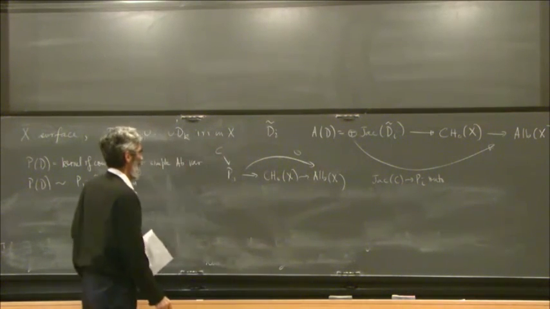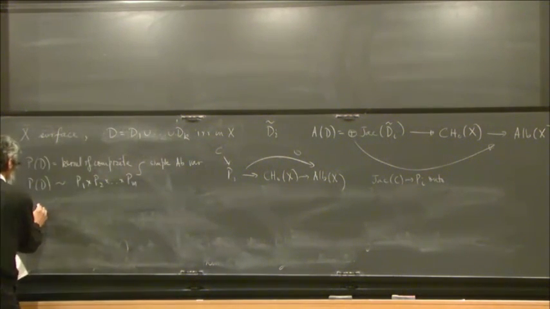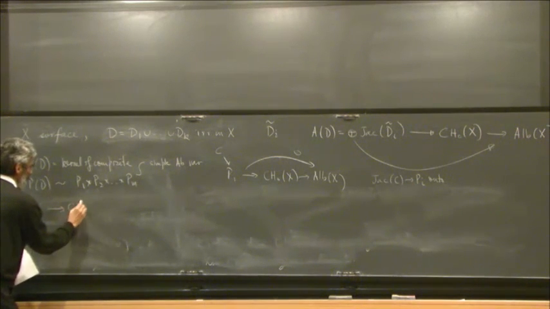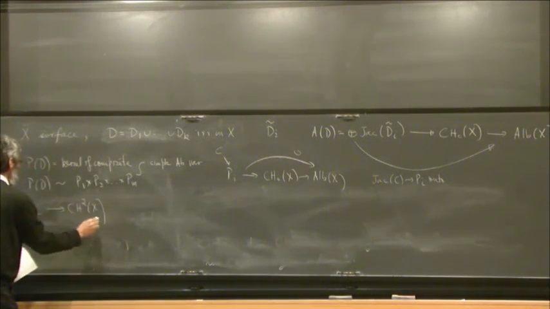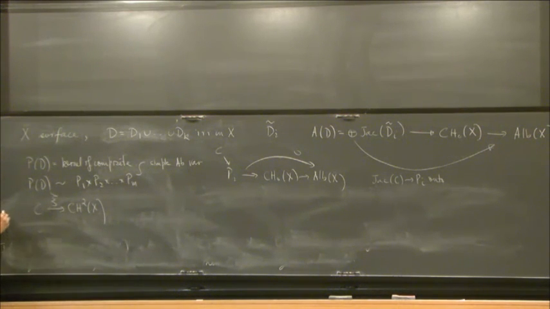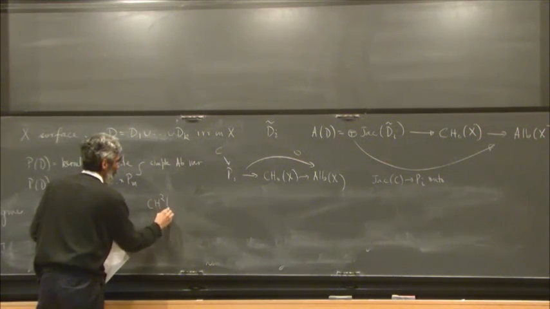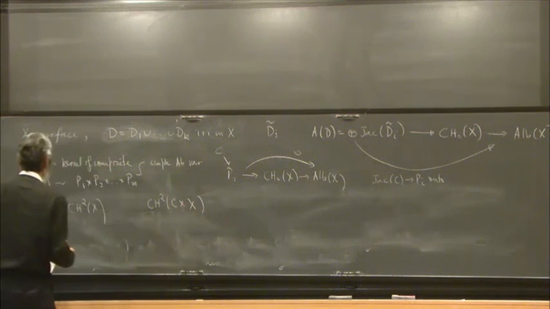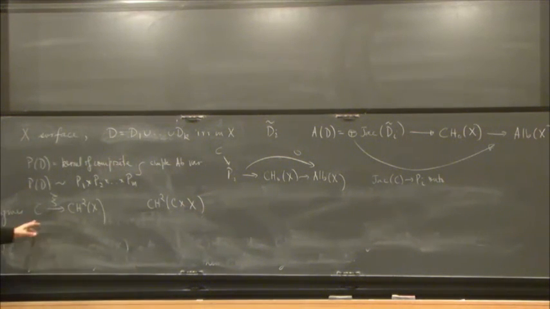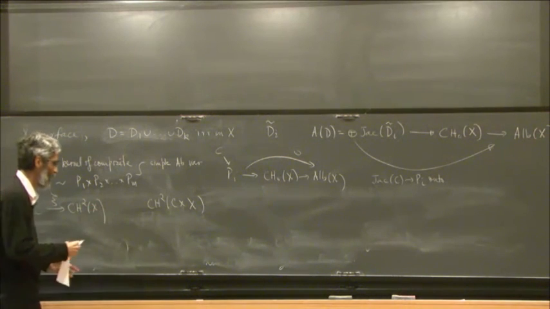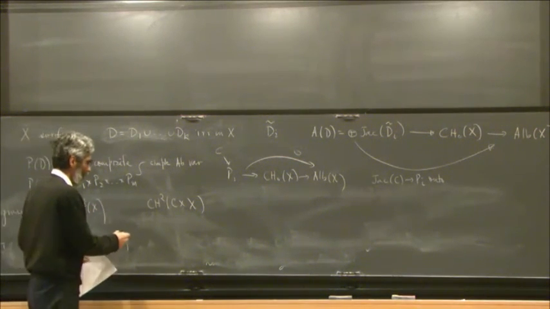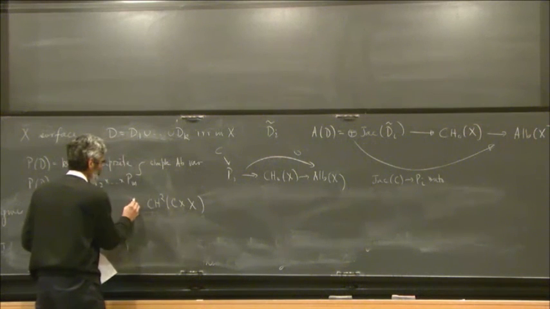And so this is giving you a thing from Chow 0, Chow upper 2 of X. So this gives that, and then you have some freedom here. If I want to represent this as a cycle, because remember you can always take points of the curve cross divisors in X, you have some freedom there, and you can do some adjustments so as to make sure that it's first of all homologically trivial. So you represent this by that.